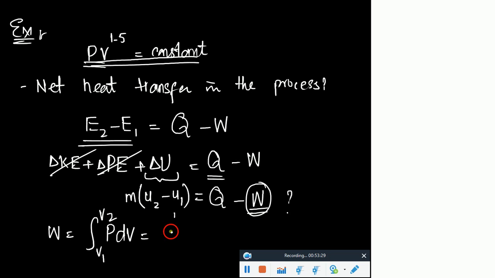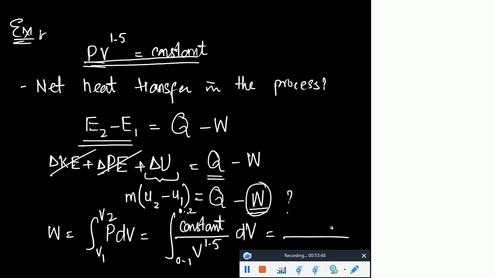And what is pressure? What was V1? I think that value is 0.1, and the final volume is 0.2. So that's how you can define work. Just plug in that value over there, find out Q.